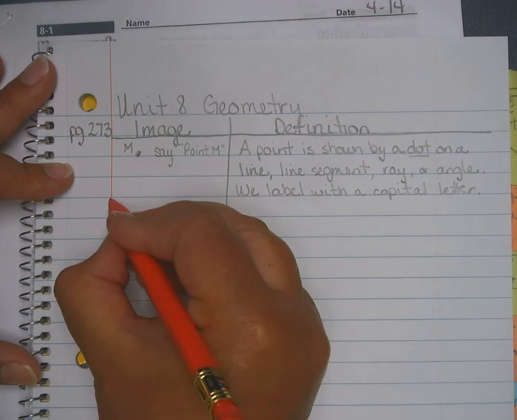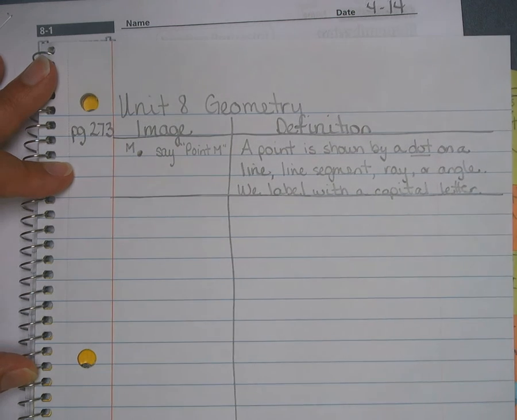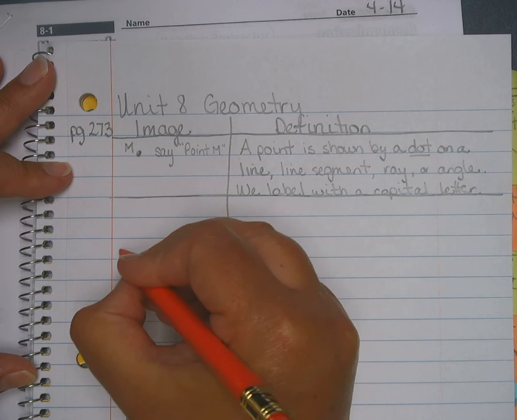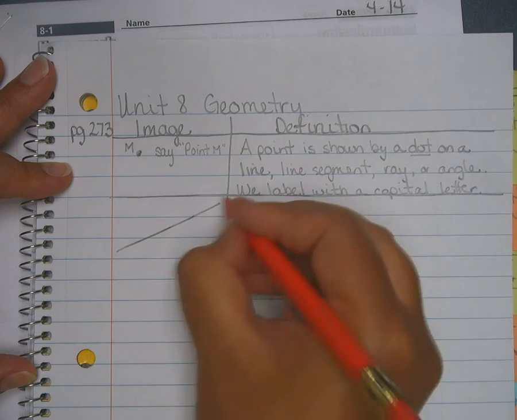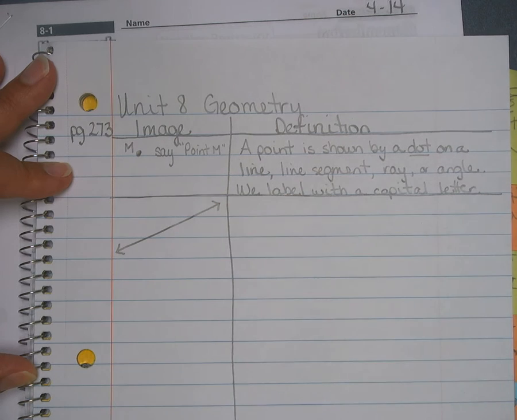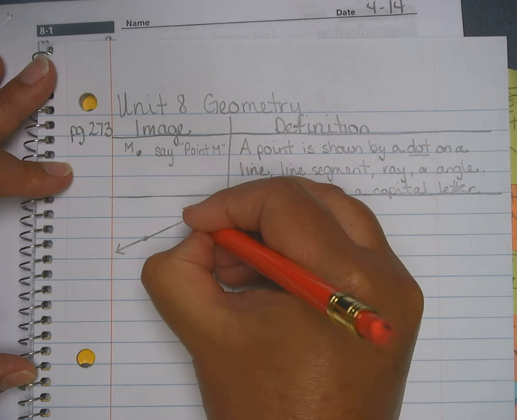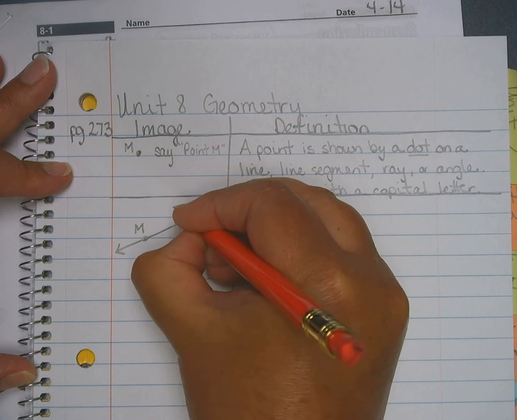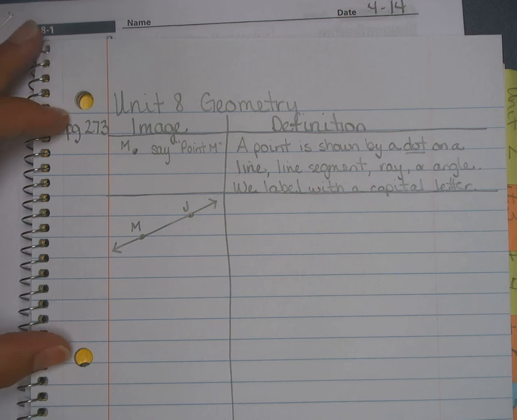So from there, I'm going to just draw a horizontal line and go on to our next image. So our next one, again, you may or may not have seen this before. It's a straight line. On either of its ends, I'm going to put some arrowheads. And within that image, I'm going to put 2 points and I'm going to label this M and J. Mindy, my first name, J for Joy, my middle name.